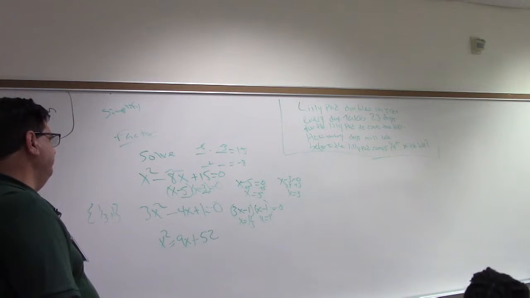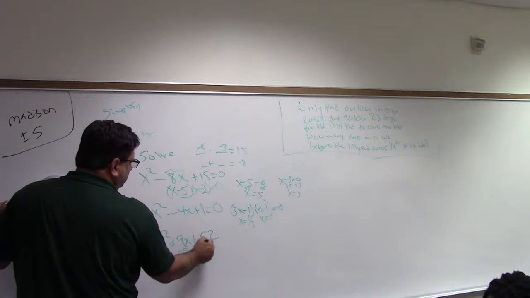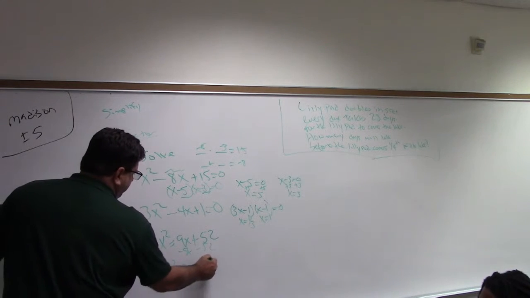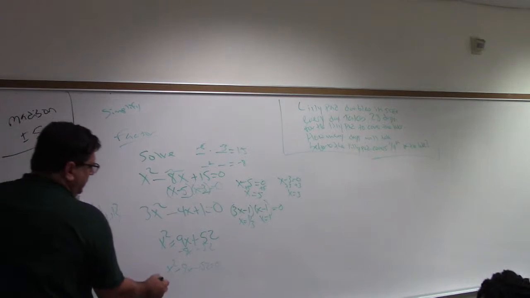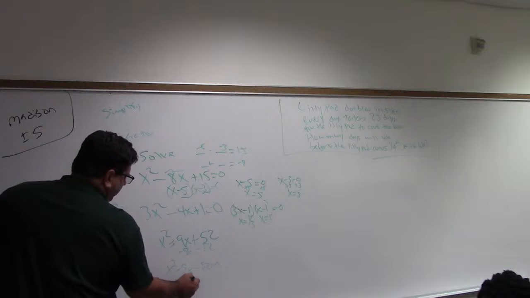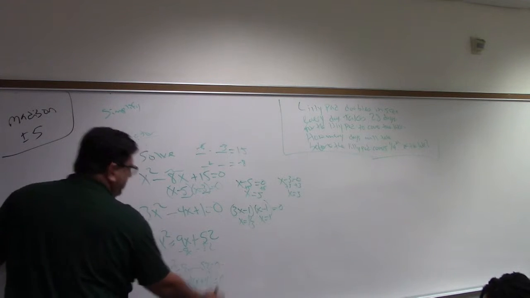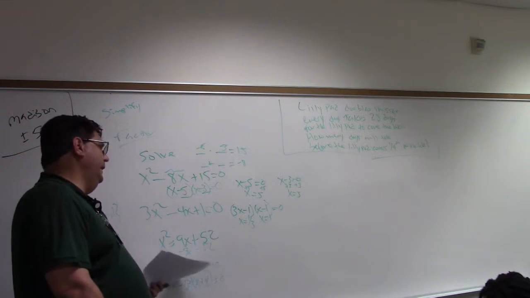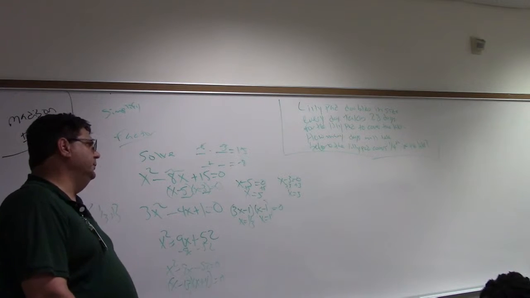Now here we're subtracting, it is equal to 0. X minus 13, x plus 4. Same thing. What multiplies to give me 52 and adds to give me negative 9? Negative 13, positive 4.